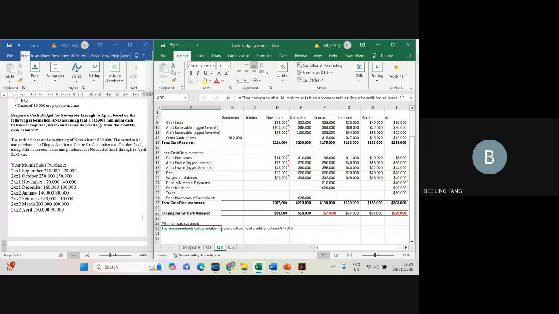So the answer, just take note of the answer given here. Is it correct? The 22 minimum cash balance is 15,000. Oh, okay, I missed out here. 15,000. Okay.